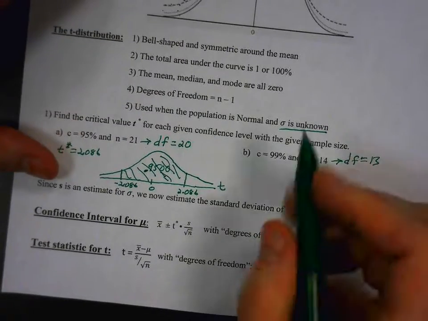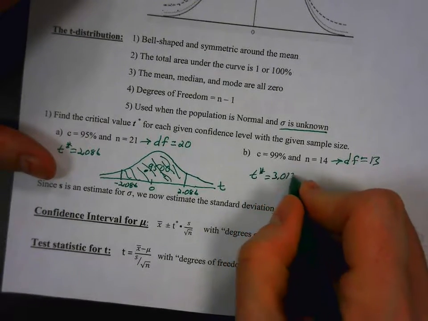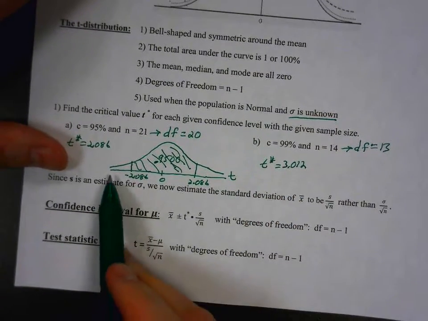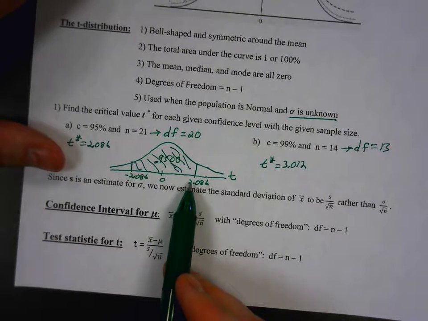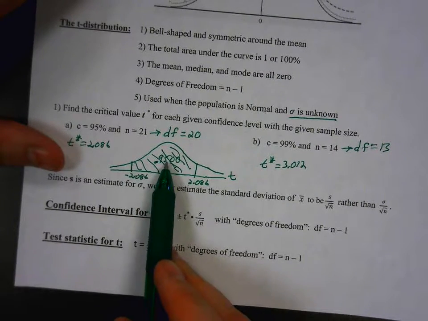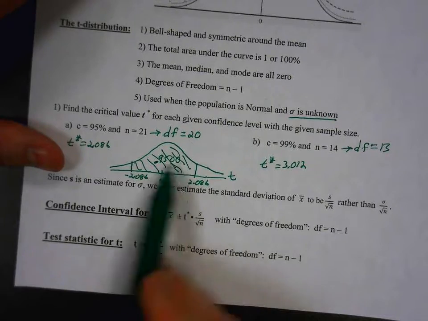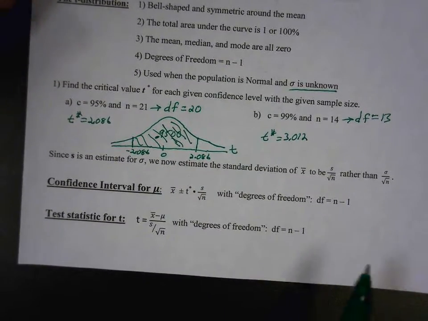So T star equals 3.012. You can use a similar explanation for this: negative 3.012 to positive 3.012 would be the values on the t-axis, and you'd have the middle 99%, so 0.9900. Okay, so that's how you use the table to look up the T star values. It's not too crazy.